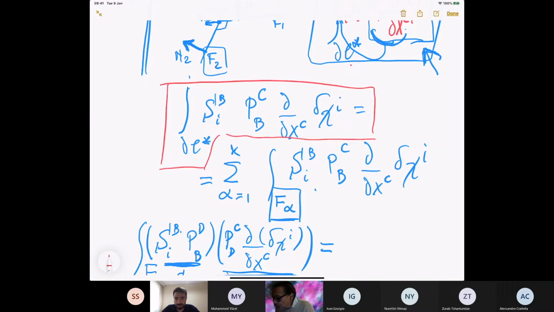Okay, so while integrating by parts the expression for the virtual work in second gradient materials, at a certain moment we had this term in our expression.